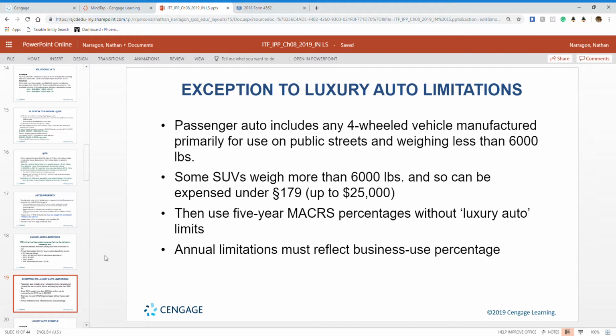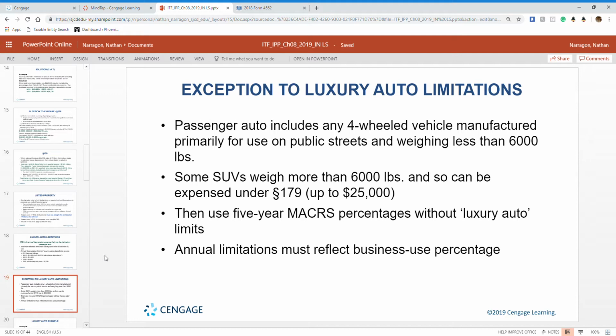Now, again, this is more big business. But if we're looking at the Schedule C, we're probably going to be taking mileage over depreciation. Again, you can only take either or. Some SUVs weighing more than 6,000 pounds can be expensed under 179 up to $25,000.